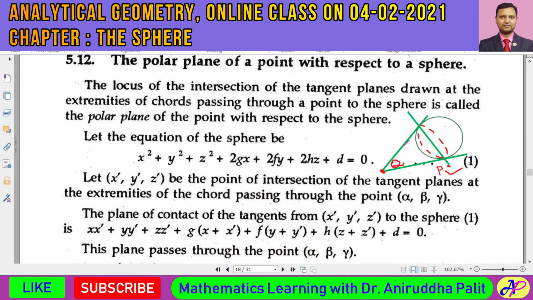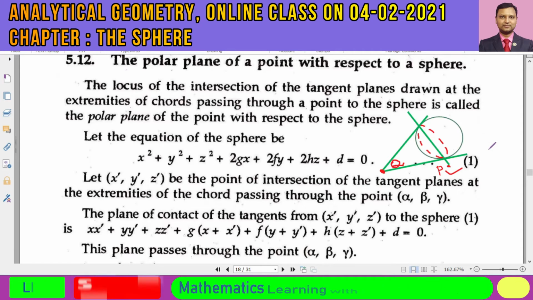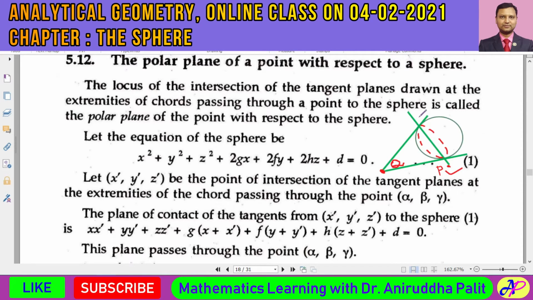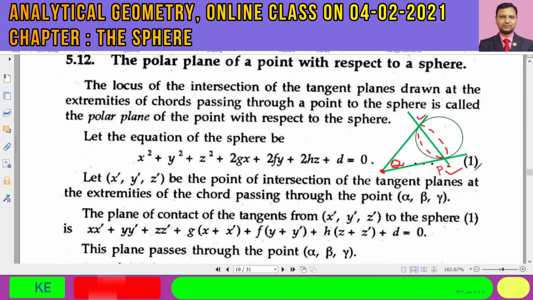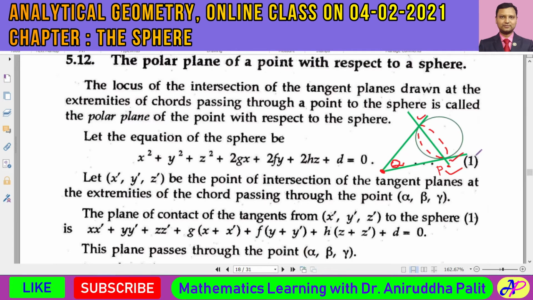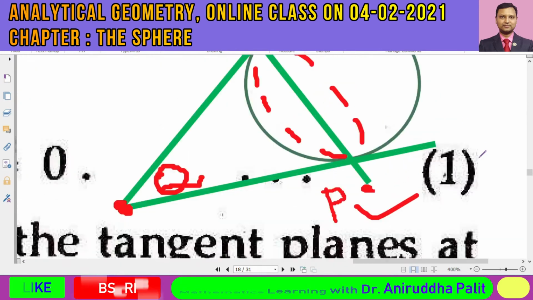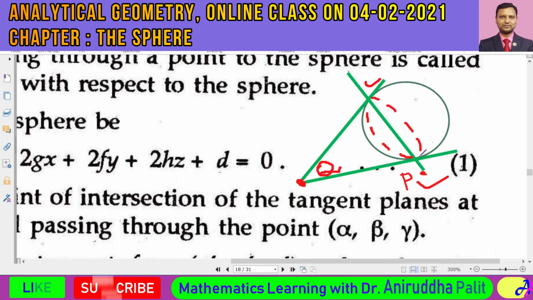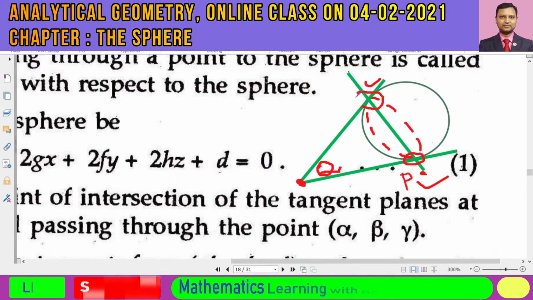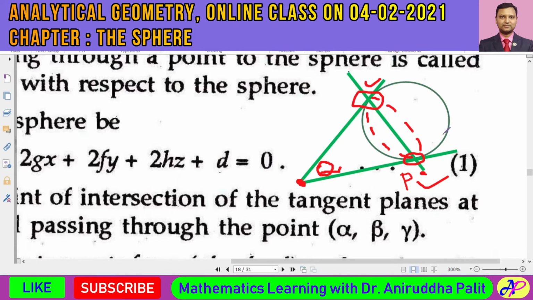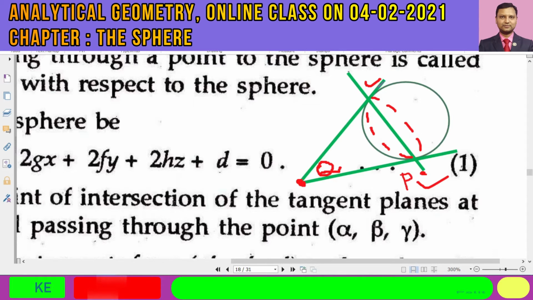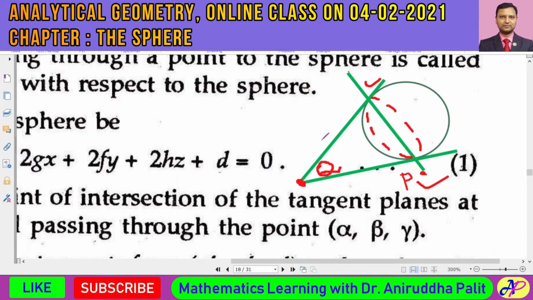Although it should be a three-dimensional picture, over here in a plane I am trying to draw it. Let me magnify this picture a bit. Say this is one endpoint and this is another endpoint, and at these two endpoints let us try to draw two tangent planes.